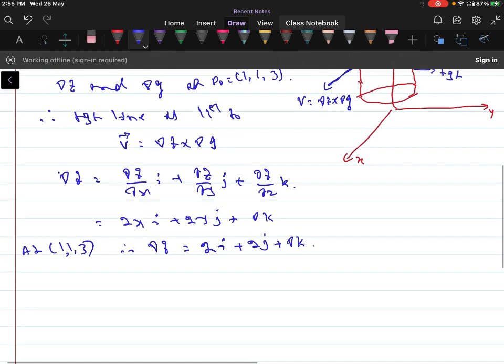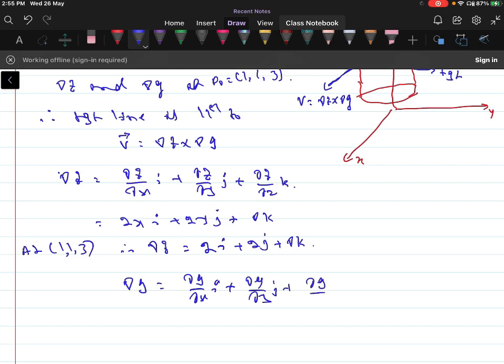Similarly, let us find the gradient of g, where gradient of g is equal to dou g by dou x i cap plus dou g by dou y j cap plus dou g by dou z k cap, where g is equal to x plus z minus 4.